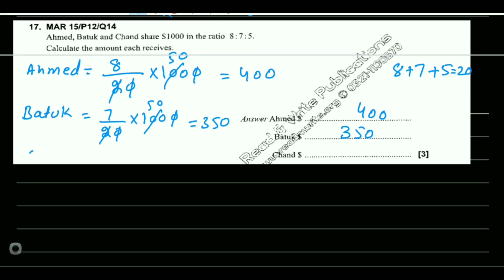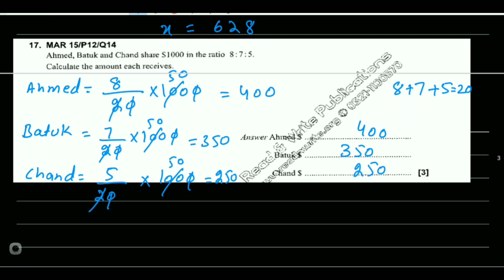For Chand's share, 5 is the ratio of Chand, divided by 20 and multiplied by 1000. 0 cancels with 0, 2 5s are 10, and 5 5s are 25, so 250 is the share of Chand.